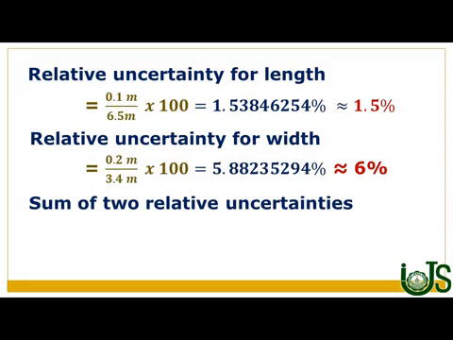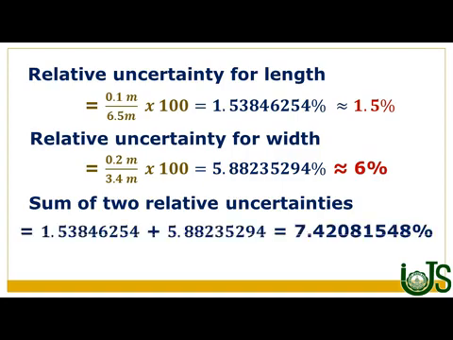It is equivalent to 5.88235294%, or approximately 6%. So the sum of the two relative uncertainties, using the original percent uncertainty, is equal to 7.42081548%, or approximately 7%.